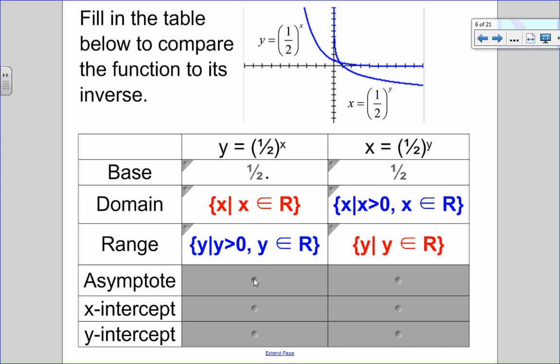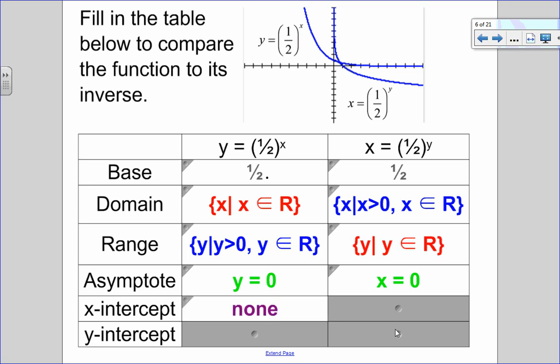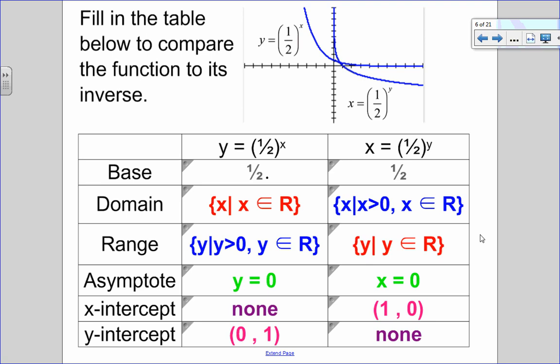The original exponential graph has an asymptote at y equals 0, the inverse at x equals 0. The original graph had no x-intercept, the inverse has no y-intercept. The original graph had a y-intercept at 1, so the inverse has an x-intercept at 1. So you can see everything in this table is true, even though the base is between 0 and 1.